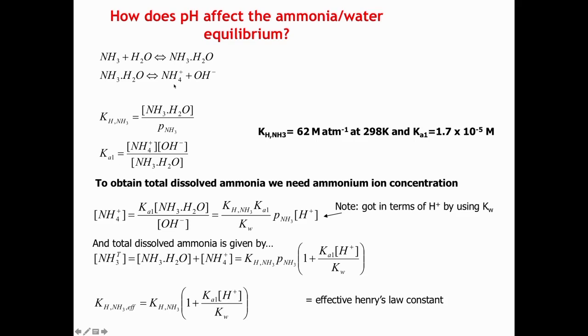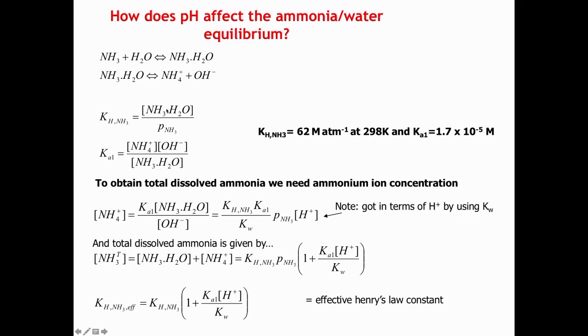The first dissociation, that's this one, says the products divided by the complex are the first dissociation constant. To get the total dissolved ammonia, you need to add this plus this plus this, and so you add these two.